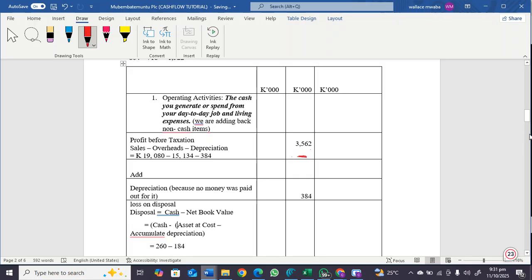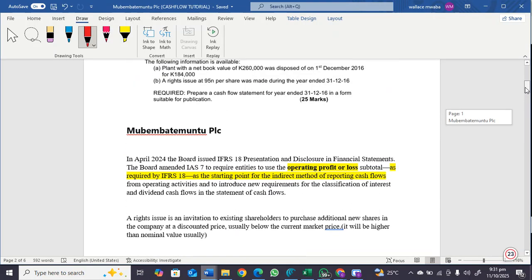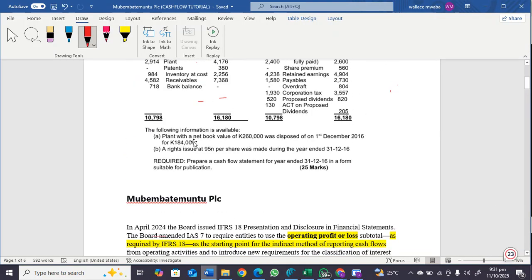Now, in this question here, they told us this plant had a net book value of 260,000. So, after we deduct accumulated depreciation, this is the value of the asset, 260,000. Now, this asset was sold for 184,000. Have you seen? The asset is worth 260,000 after you account for accumulated depreciation, but it sold for 184,000.